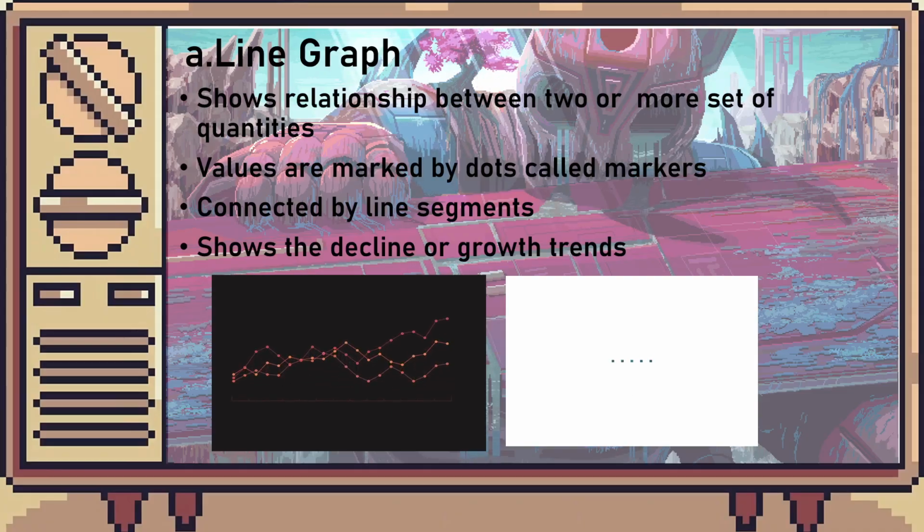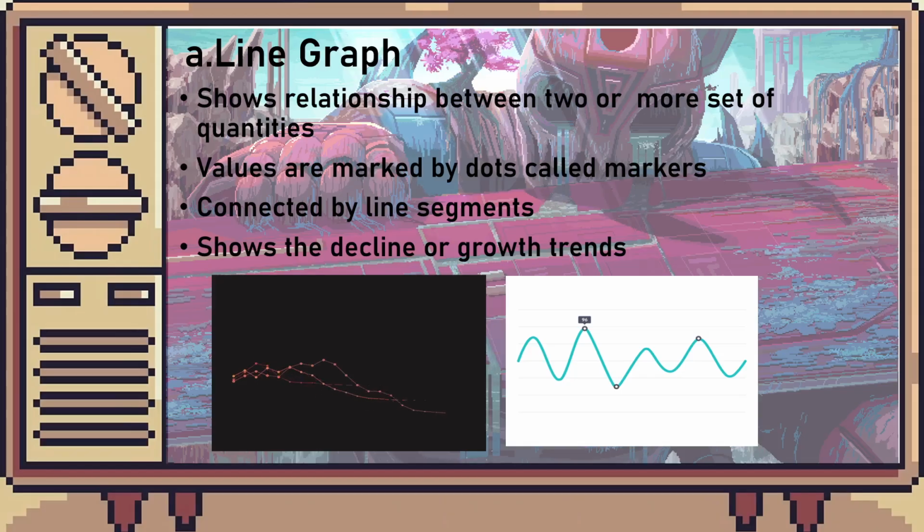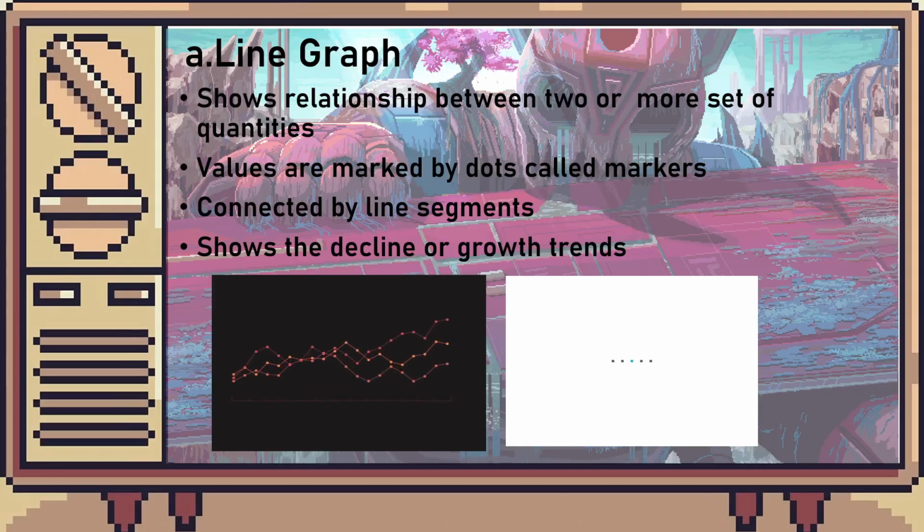So, in a span of time, how much is the decline or growth of brand A? Then you'll be able to see another group of lines and dots that would represent group B. So that's very good at comparing trends and such.